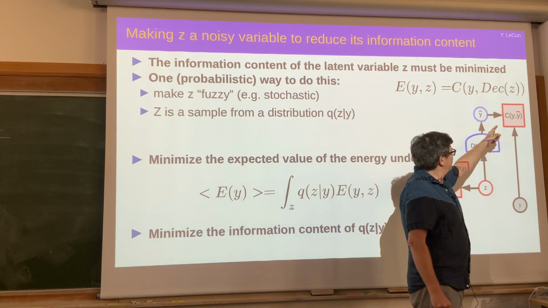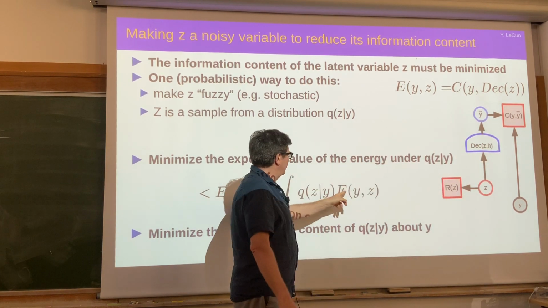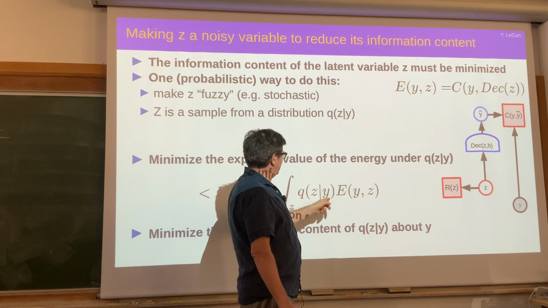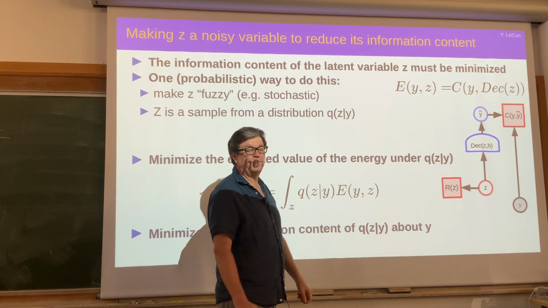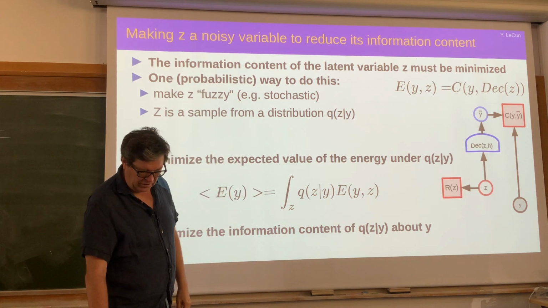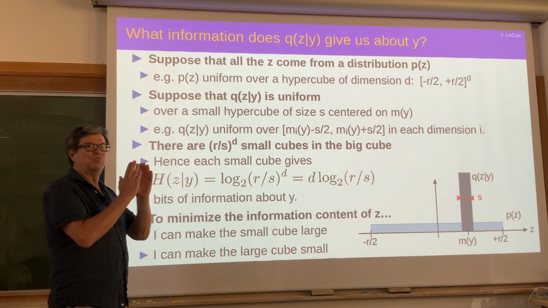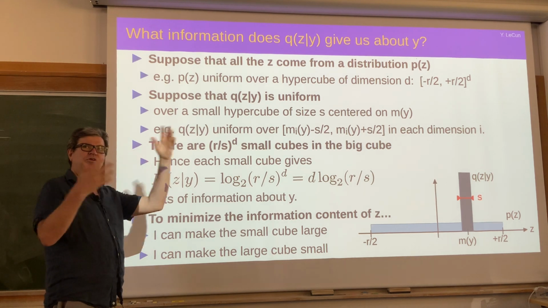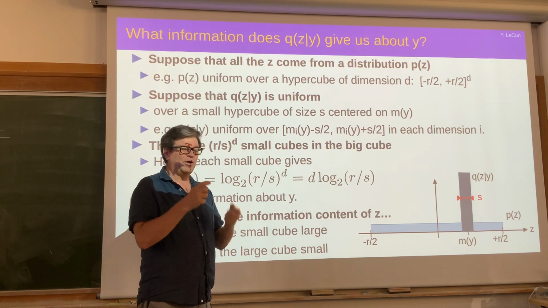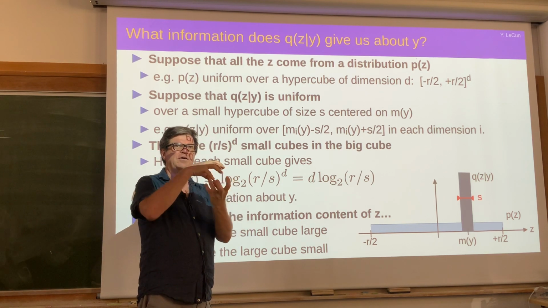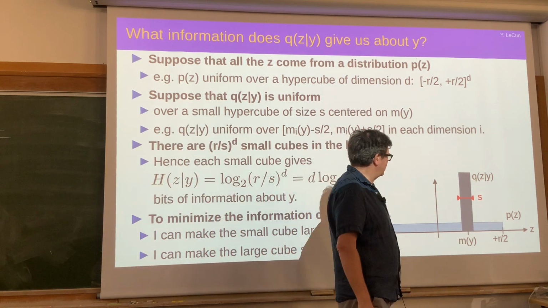So the expected reconstruction energy we're going to get is going to be the integral of the energy for various values of Z taken from that distribution, which I'm going to call Q of Z given Y. And let's say that distribution Q of Z given Y is a uniform distribution in a small cube. Okay, so Z is a vector, and every time I choose a value for Z, what I'm actually choosing is a little cube in the space of width S.